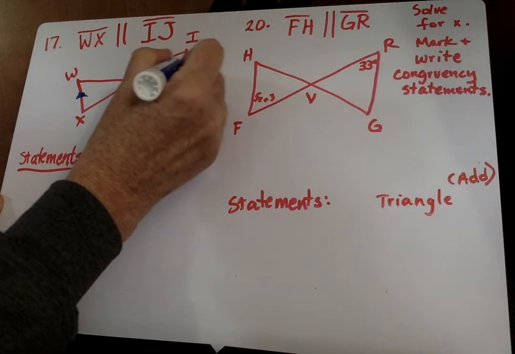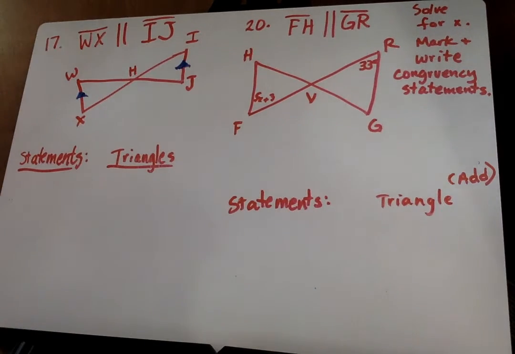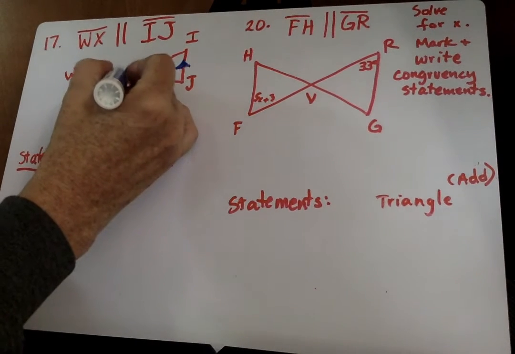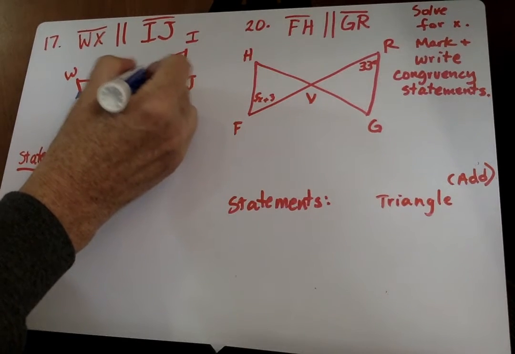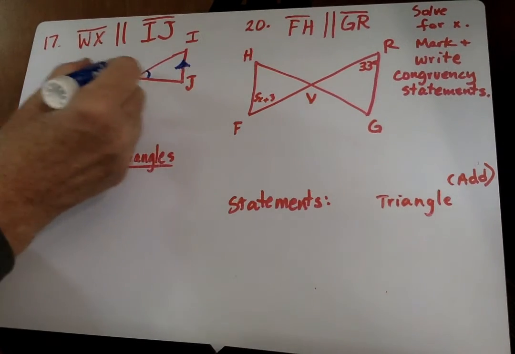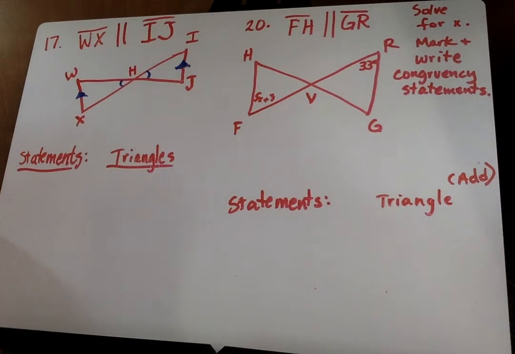They might not look like it, but if they say it is, then they are, okay? Then we're going to write our statements. A couple of other things to note. IHJ and WHX have to be congruent because they are vertical angles. So that's what we're going to start with.